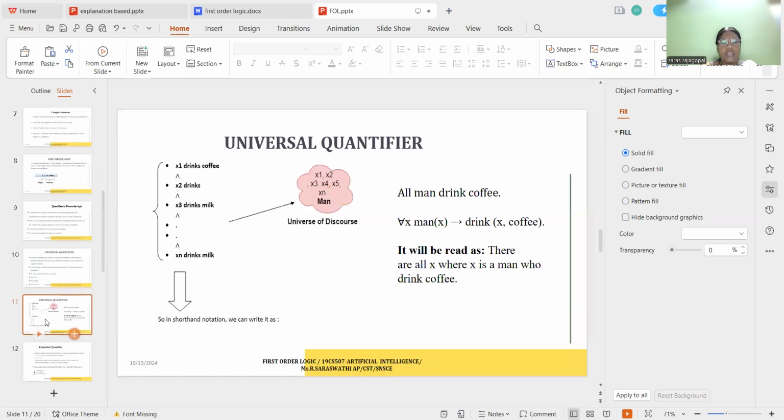For example, all men drink coffee. It can be written with variables x1, x2, up to xn who drink coffee. Then, for all x, man(x) implies drink(x, coffee). That is, for all x where x is a man, x drinks coffee.